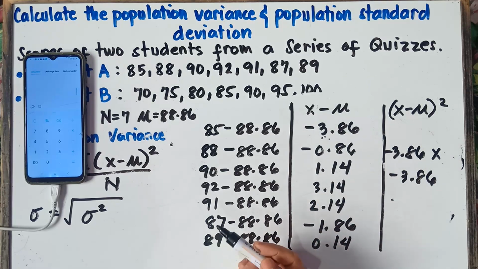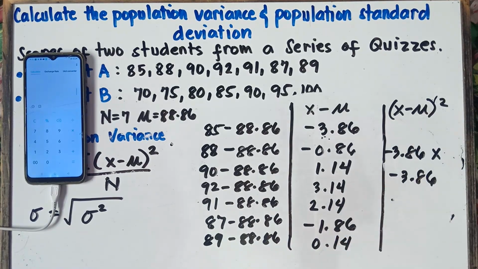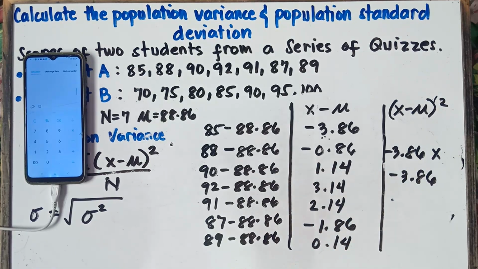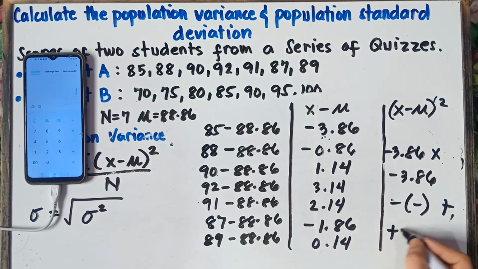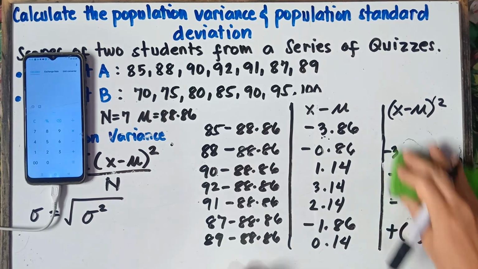Our answer is always positive because this is squared. Negative times negative is positive, and positive times positive is positive. So once you get the square, it's always positive.